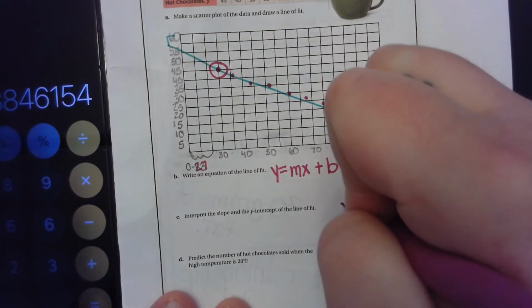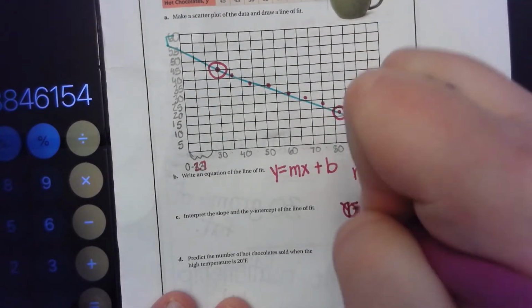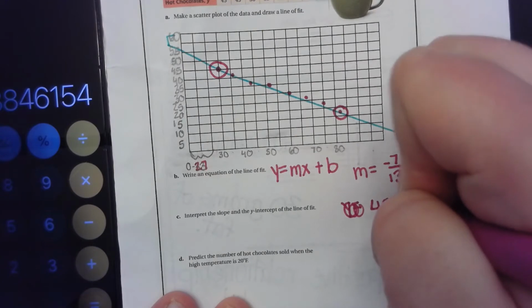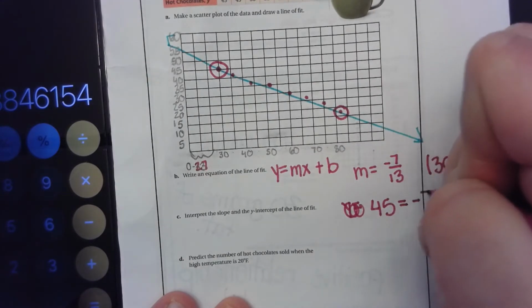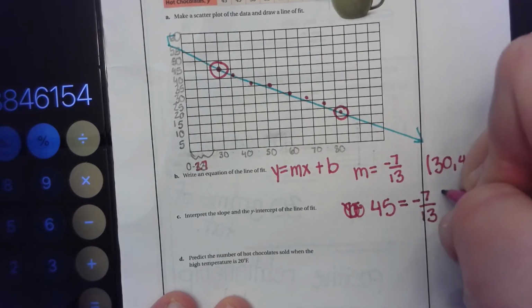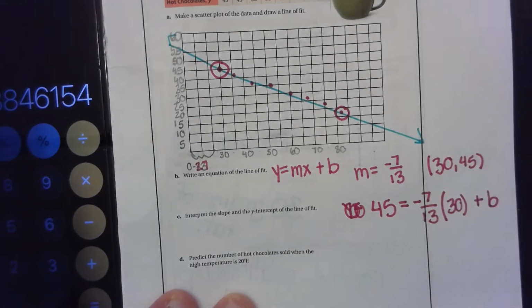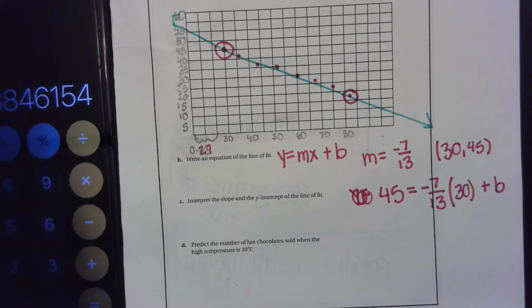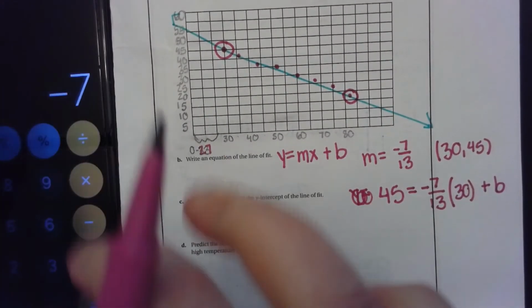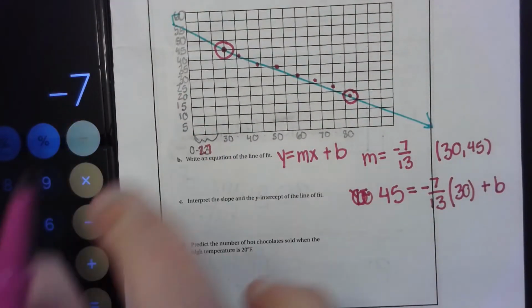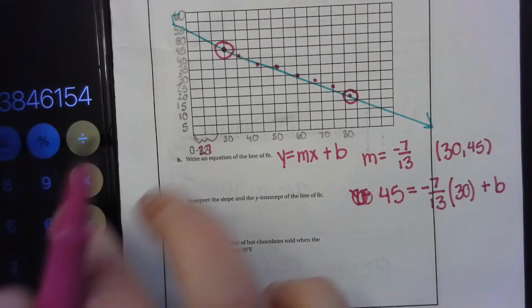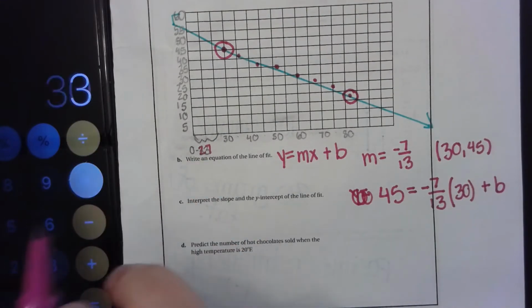So it would end up being 45, because we know our y, equals negative 7/13 times our x of 30 plus b. Okay, from there we just start solving for b. So negative 7 divided by 13 gets us that. I'm going to multiply that by 30.